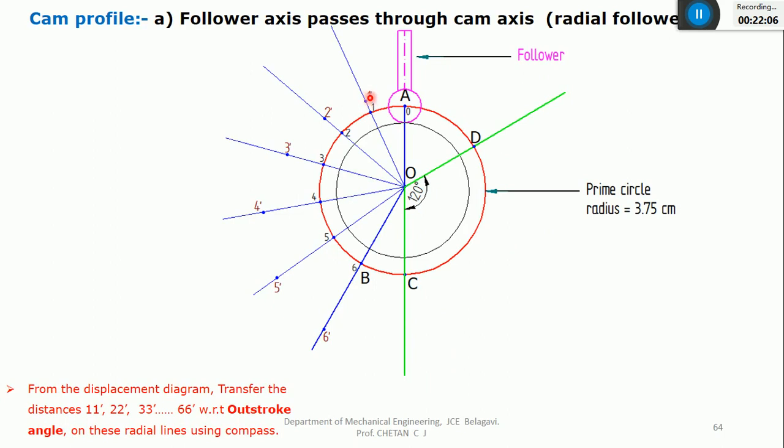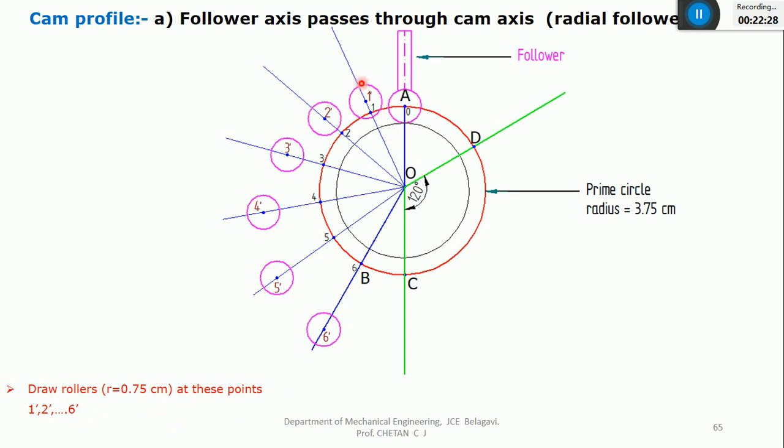And after getting all these 6 points, just draw the curve. Before that, there's one more step. At all these 6 points, that is 1 dash, 2 dash, 3 dash, 4 dash, 5 dash, 6 dash, before drawing the cam profile, you have to draw a circle with a radius of this 0.75.